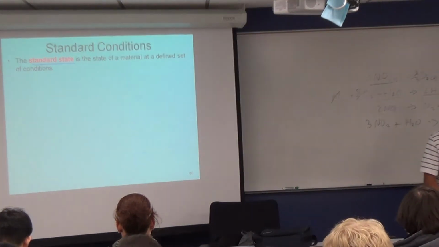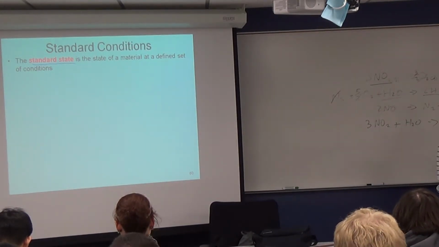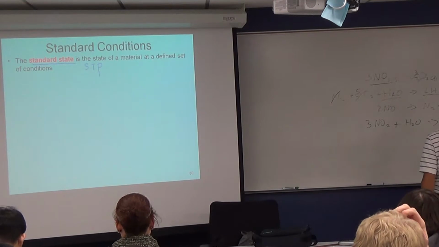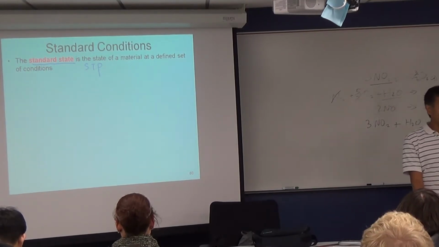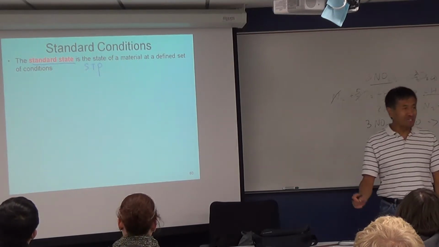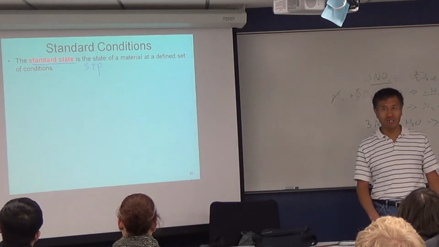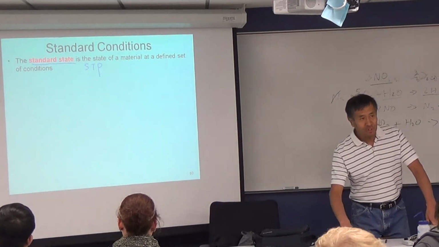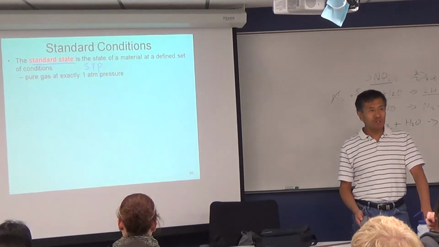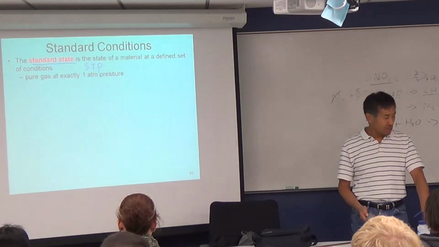So don't be confused by what we studied in Chapter 5 called the STP. The STP is only like two variables, standard temperature and pressure. Now standard state has more specifications. For a pure gas, it has to be 1 atm.